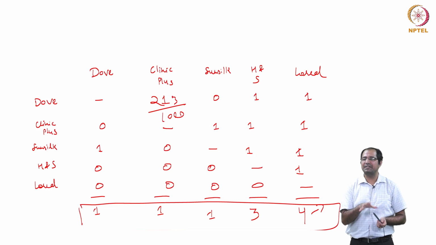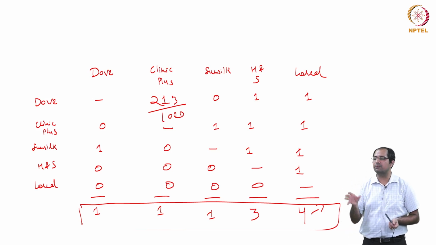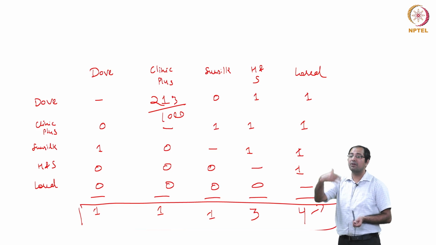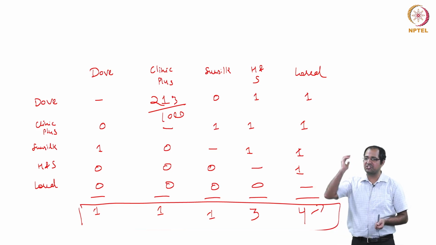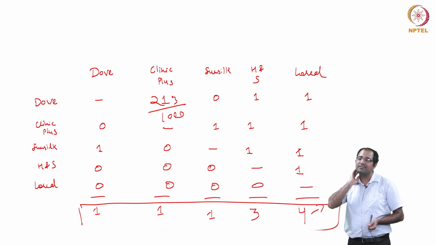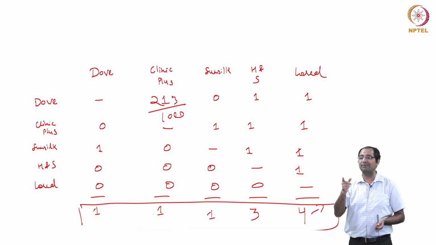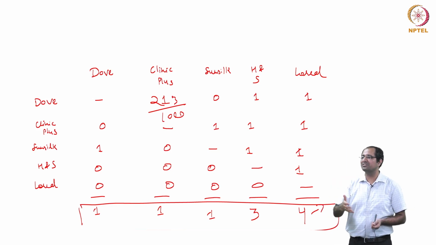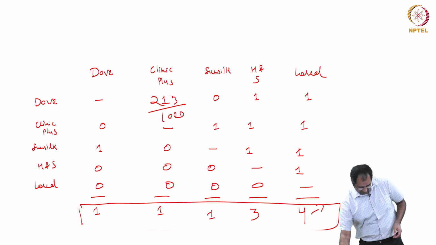And the limitation of this method is that you can do it with the less number of brands. If 5 are there, if 6 are there, then the number of comparisons will increase. And like Harsha was towards the end, he was saying, why did you pick me up? He was saying, if it would have been 2-3 questions, it is okay, you are going on 10 questions. That becomes a problem. The more the number of brands, the more you cannot use this method. Then you have to use some other method.